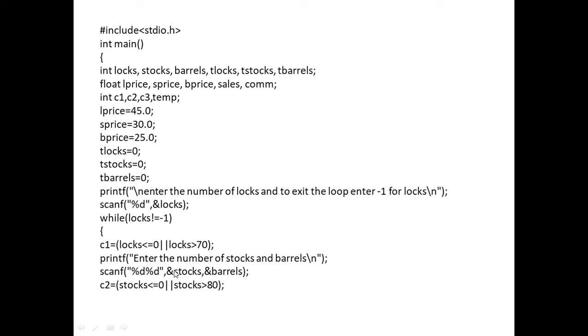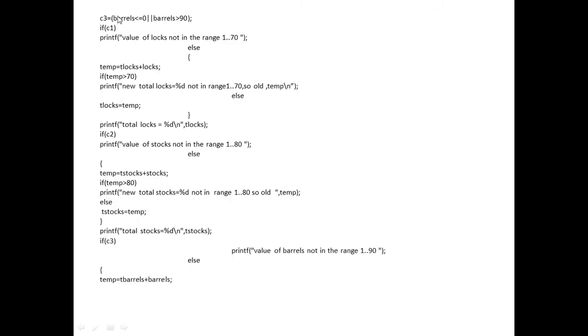Here is one more condition. As I told, there is a limit for each of locks, stocks and barrels. In a month a salesperson can sell only 70 locks, that is 0 to 70, and 80 stocks, that is given here, and 90 barrels.